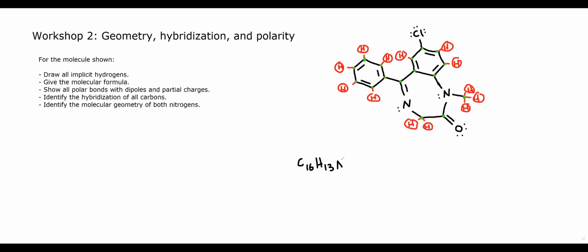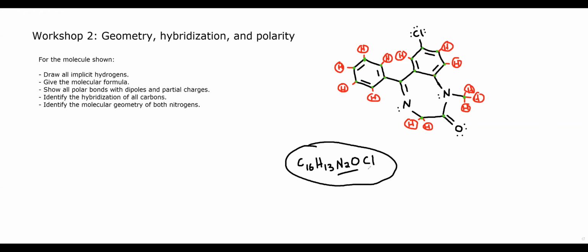Nitrogens, we have 2, we have an oxygen, and we have a chlorine. Okay, so there would be the molecular formula for diazepam, C16H13N2OCl. I personally don't care about the order. Typically you do C and H and then your other atoms.